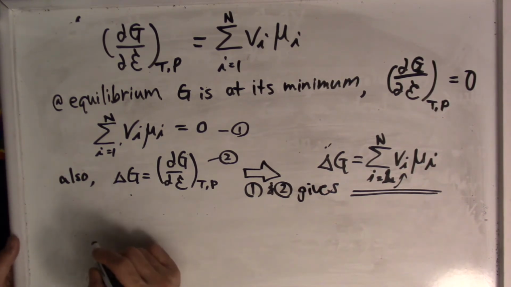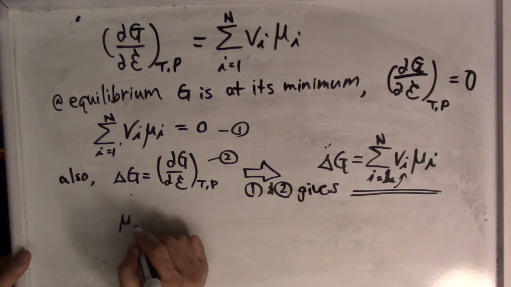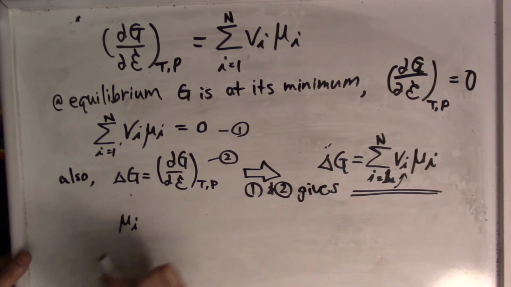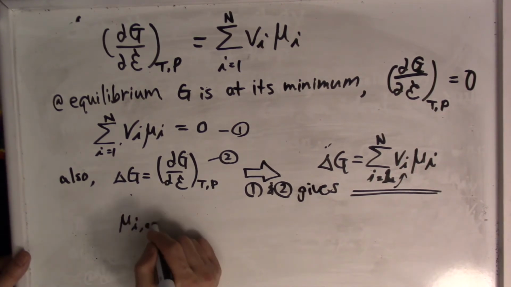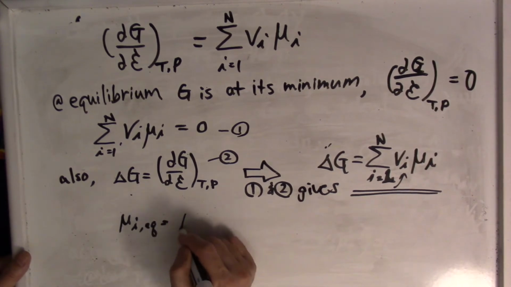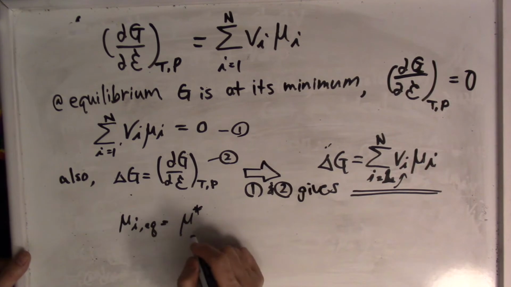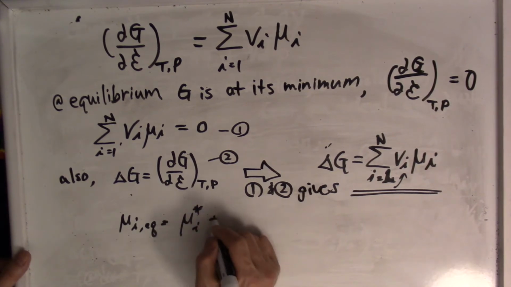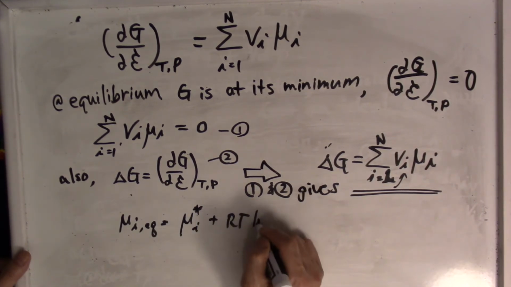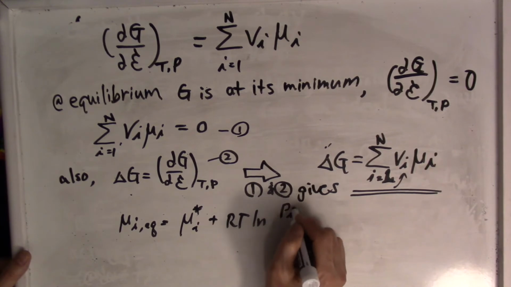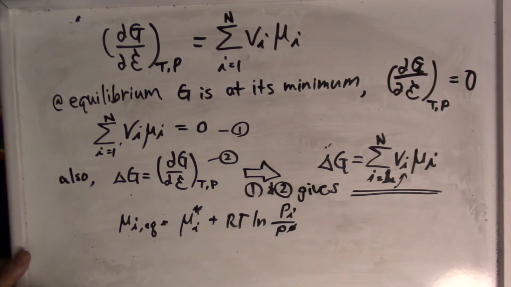Anyways, just to cover bases, all right? Now, the chemical potential of species i at equilibrium is equal to the chemical potential when it's pure of species i, plus RT natural log of Pi over P standard, all right?